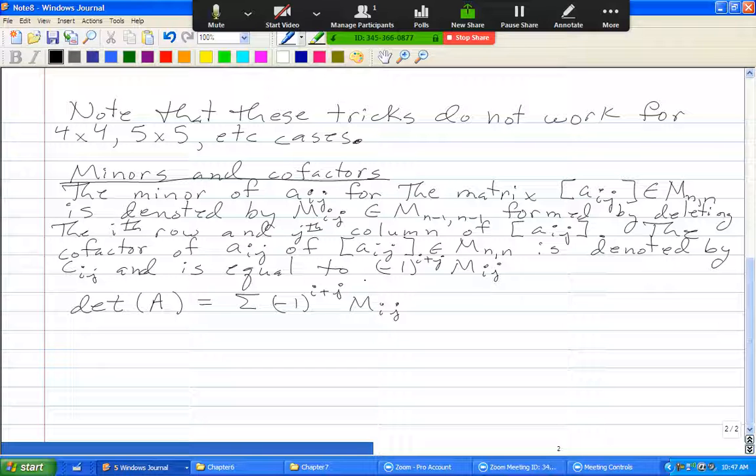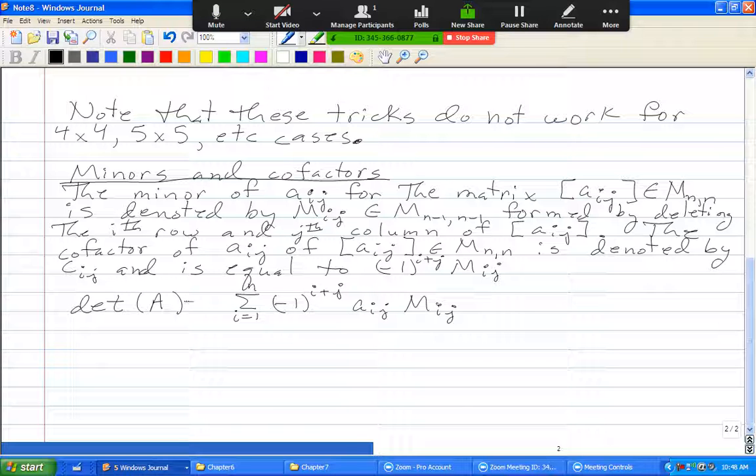Oops, I forgot to write Aij. And let's do it, well, let's say for a row.